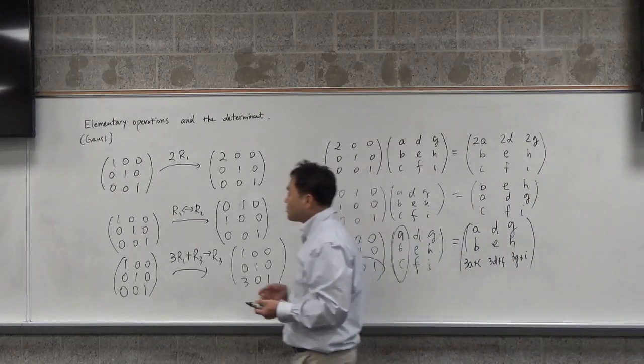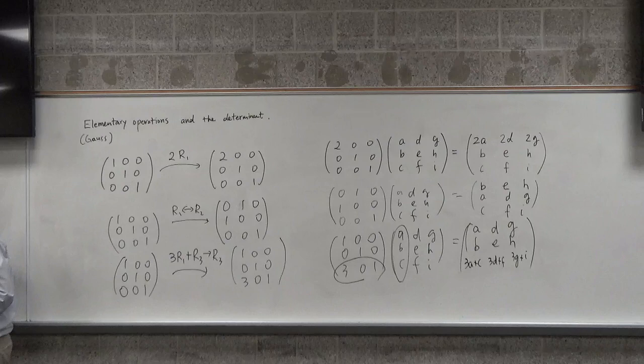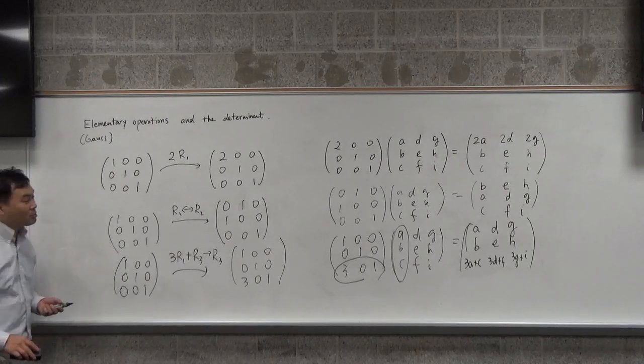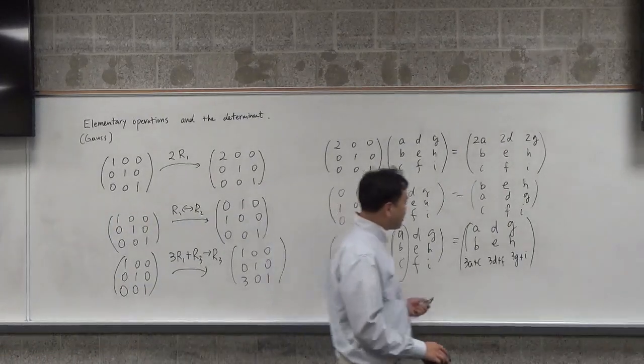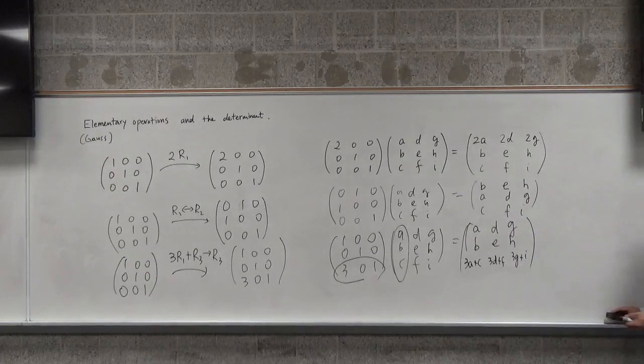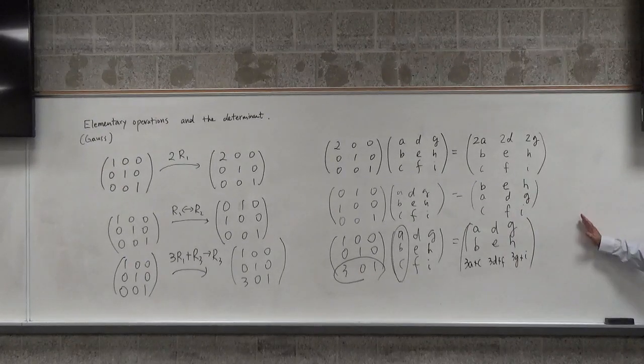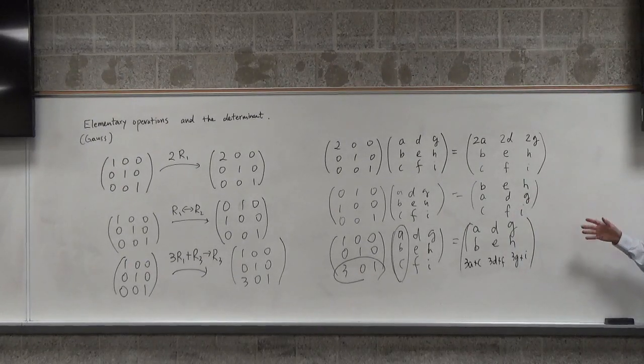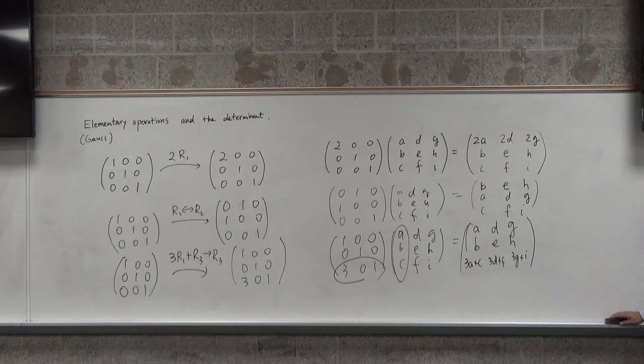Now, what does this have anything to do with determinants? Well, the reason I'm bringing this up is because this kind of tells you what's going to happen to the determinant when you do any of these operations.